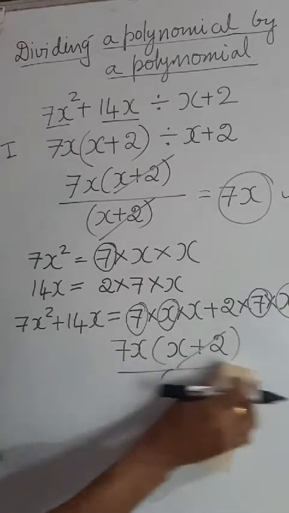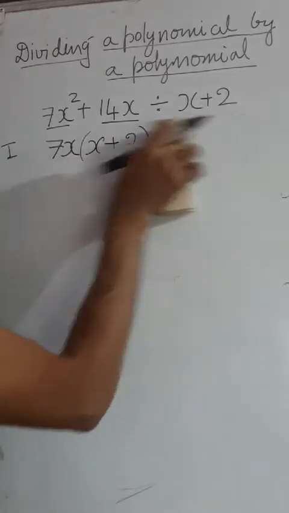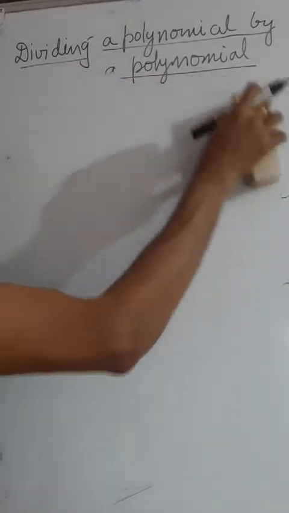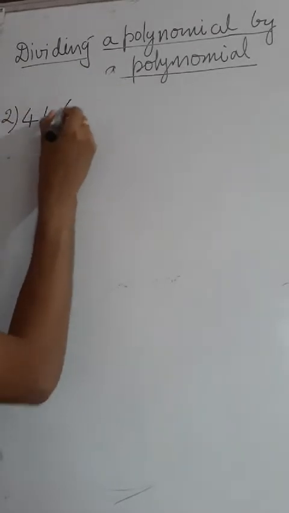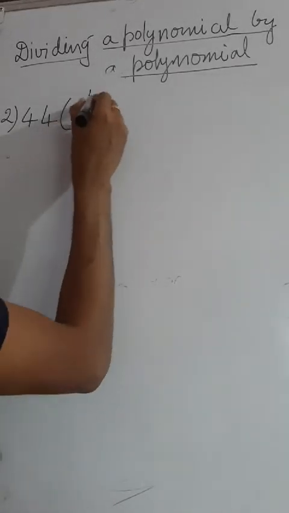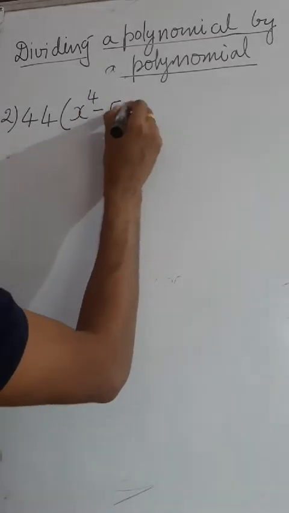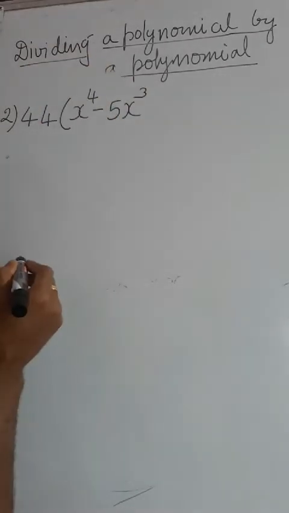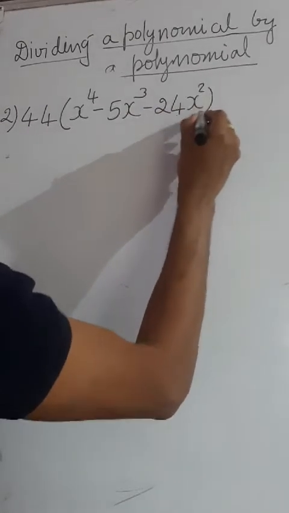If we discuss two or three sums, then you can easily understand the process of dividing a polynomial by another polynomial. For the second sum, let us take 44x to the power 4 minus 5x cube minus 24x square.